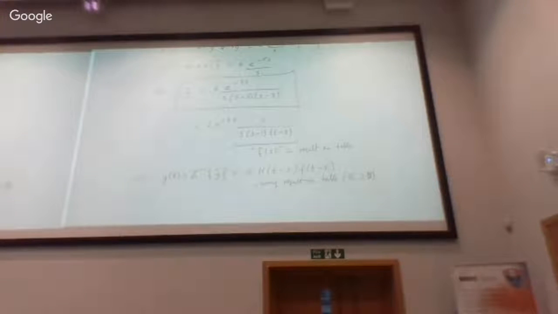I can identify what the f of t is by going for a partial fraction expansion of that thing, 1 over s times s minus 1 times s minus 3.